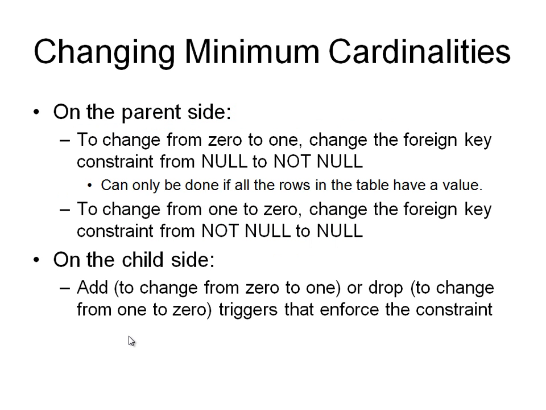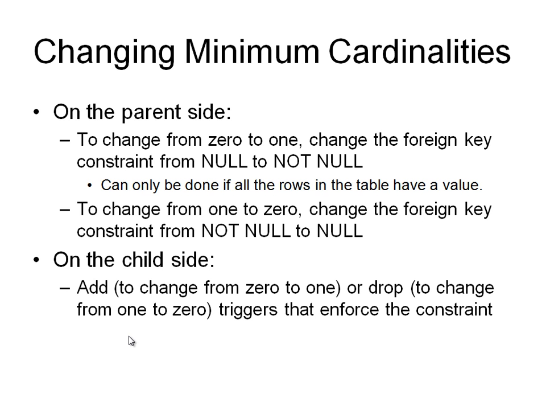For changing minimum cardinalities, if it was on the parent side, to change from 0 to 1, change the foreign key constraint from null to not null, which can only be done if all the rows in the table have values.